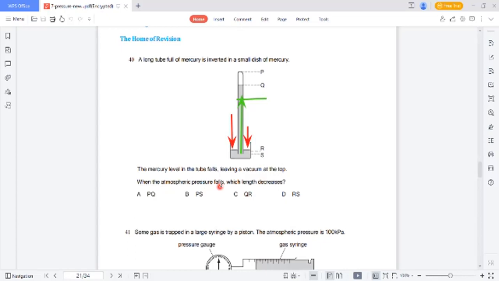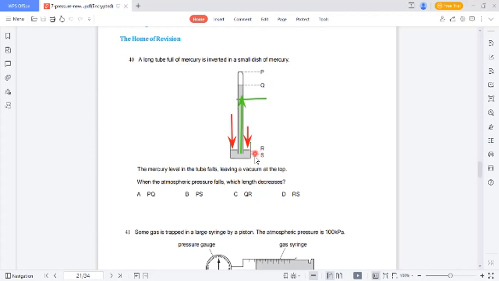When the atmospheric pressure falls, it means less pressure is acting here. So the liquid in the dish will move a little up. When it moves a little up, this height decreases. PQ height decreases.